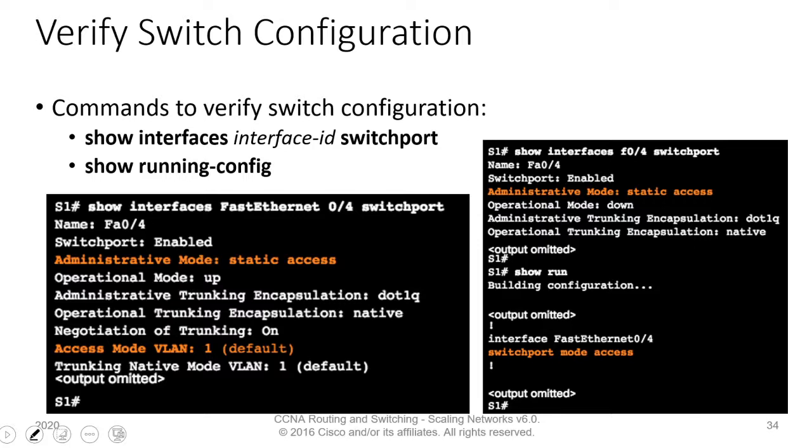Then we can also use the show interfaces switchport command and also the show running-config command to see what the access mode is and so on. We can verify that information using these show commands.